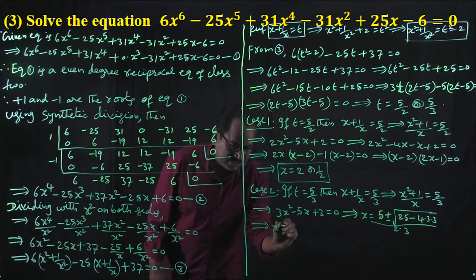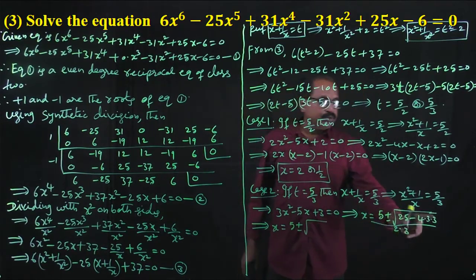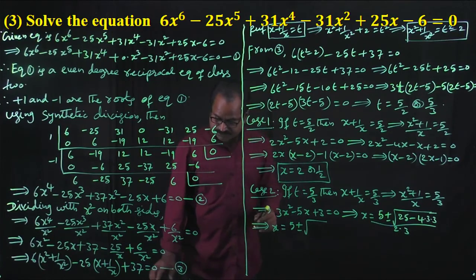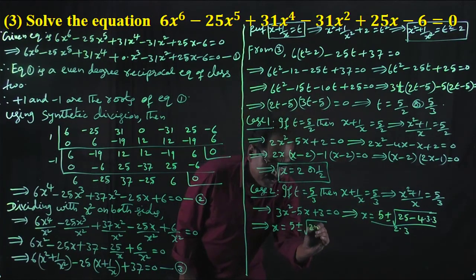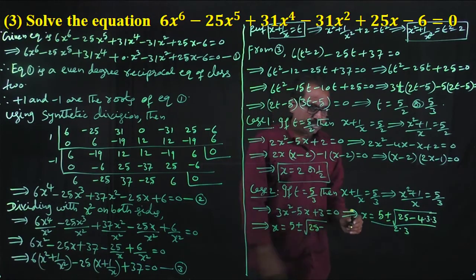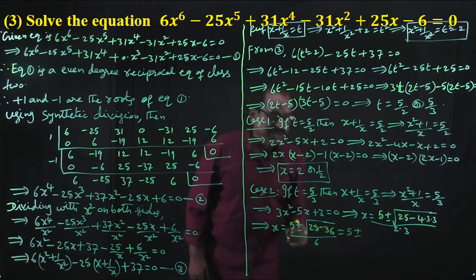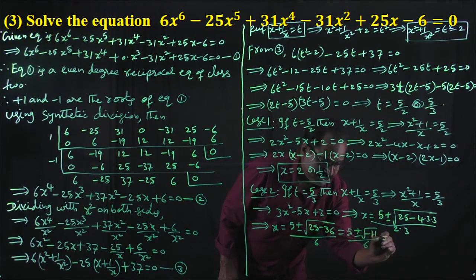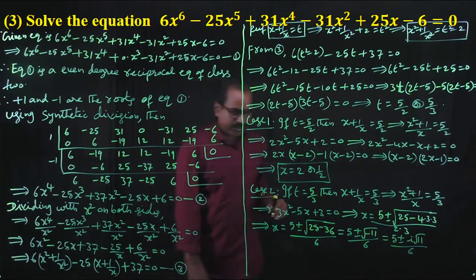So x is equal to 5 plus or minus square root of 25 minus 36 by 6, that is 5 plus or minus square root of minus 11 by 6, that is 5 plus or minus i root 11 by 6.